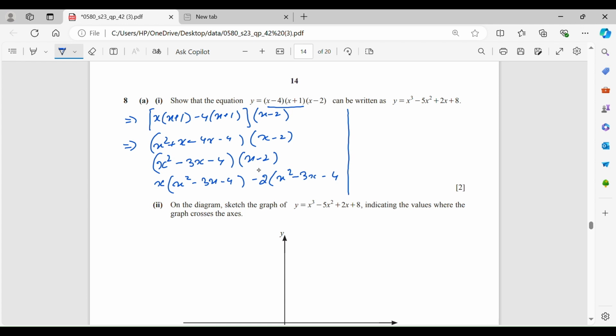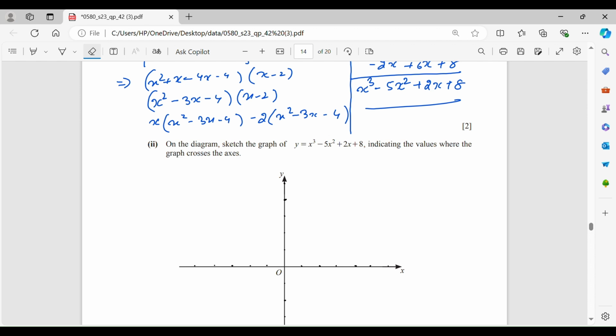So this is x cube minus 3x square minus 4x, then minus 2x square, then plus 6x, then plus 8. Let's solve it. This is x cube minus 5x square plus 2x plus 8, right? So this is our answer.